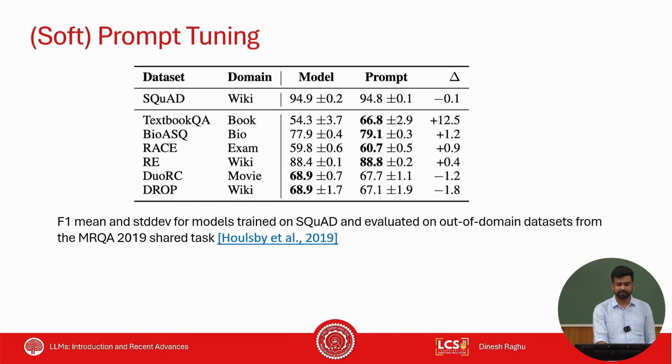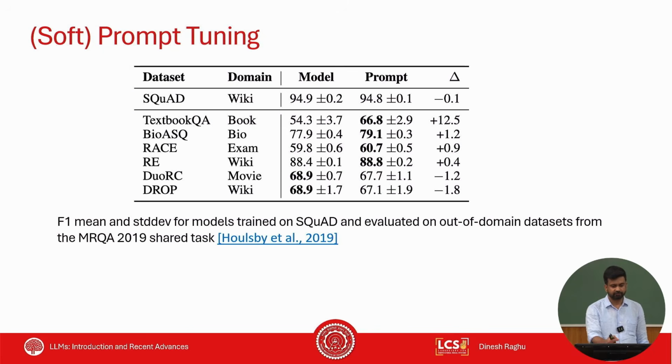This is based on Wikipedia, and here the model is full fine tuning, and prompt is prompt tuning. There is hardly any difference between them on the same data set that you trained on. But on the books data set, which is a very different domain from Wikipedia, the prompt tuning model generalizes much better, whereas the full fine tuning model does not generalize that well.